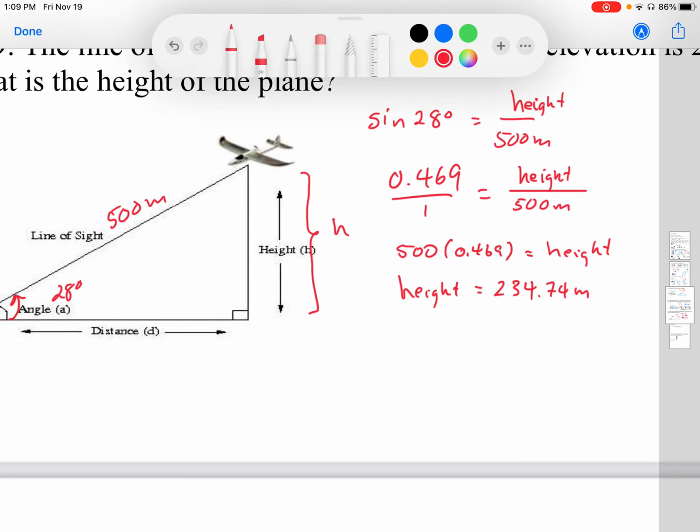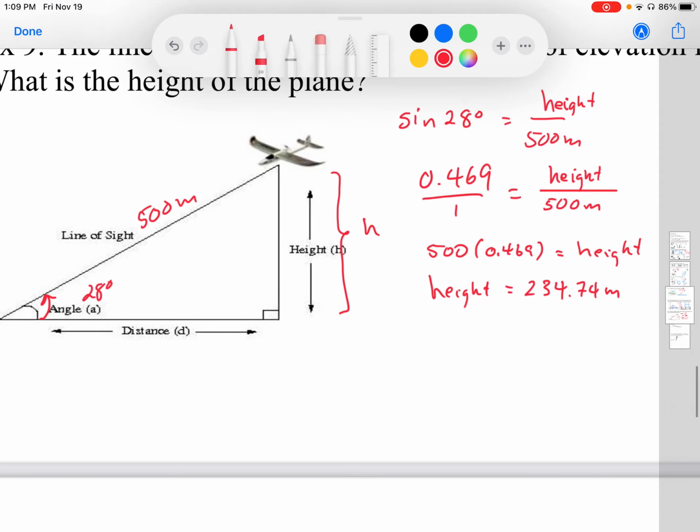So at 28 degrees, this height is 234.74 meters.